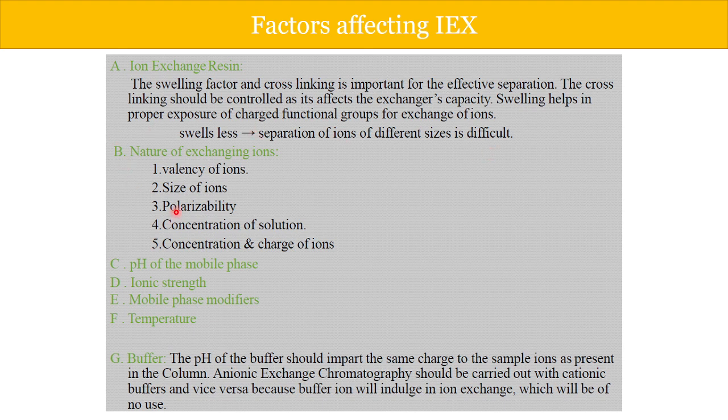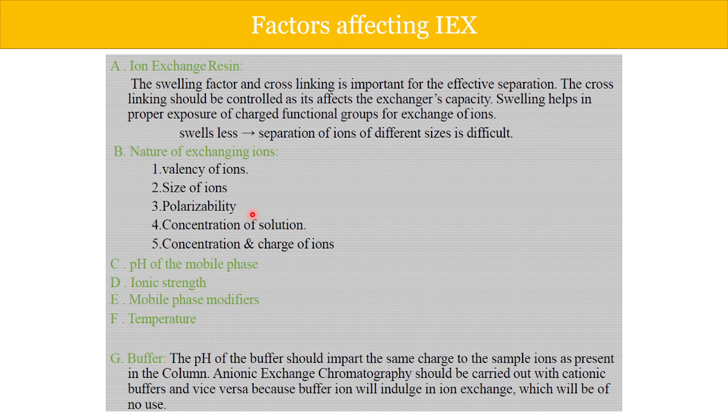Now the nature of the exchanging ions depends on the valency of the ions, then the size of the ions, then the polarizability, after which we have the concentration of the solution and the concentration and charge of the ions. After which the factor which is also affecting is your pH. So the pH of the mobile phase also affects ion exchange chromatography.